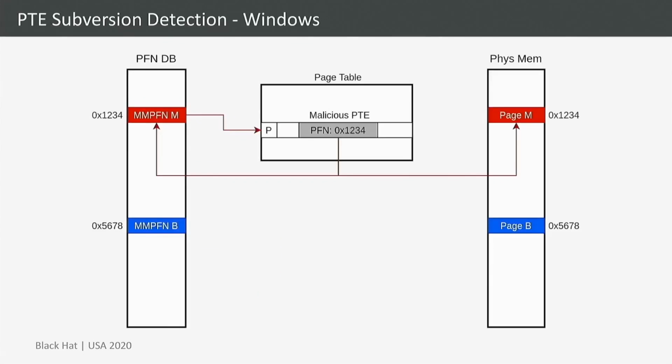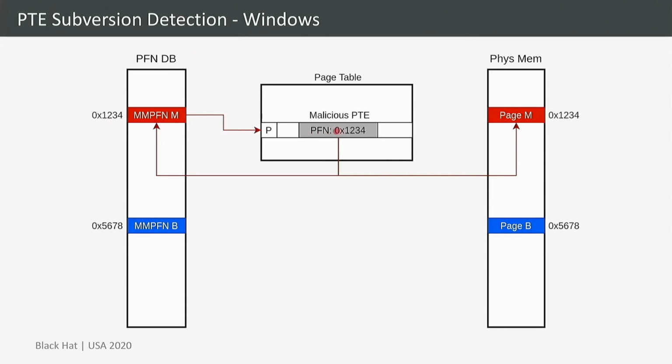Now the PTE subversion detection. On Windows, it's a different story than on Linux, so we split this detection into two parts. On Windows, we now have the initial situation: the malicious PTE currently still points to the malicious page. Here we also have the physical point of view on the memory, the PFN database, which we mentioned briefly earlier. This is more or less just an array of MMPFN structs, indexed by the PFN number.